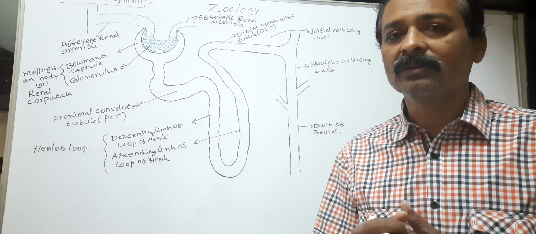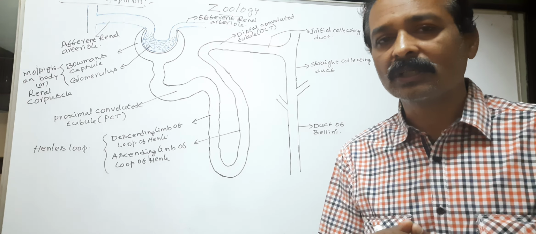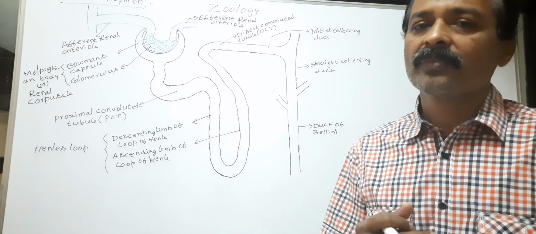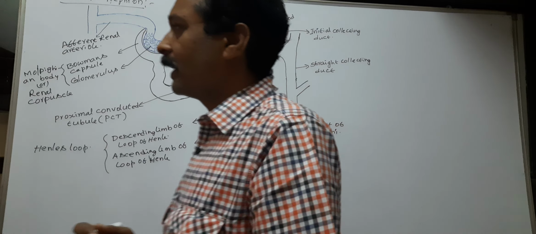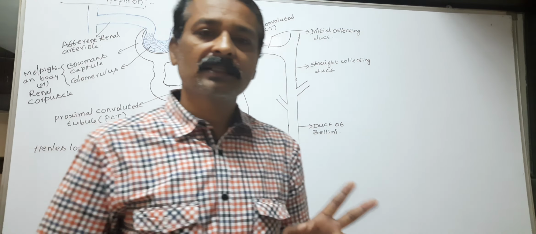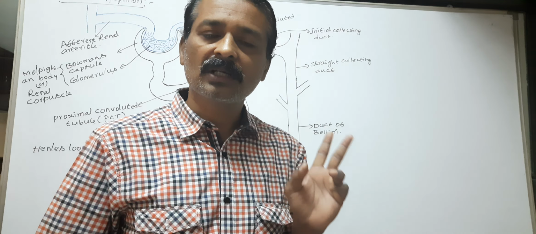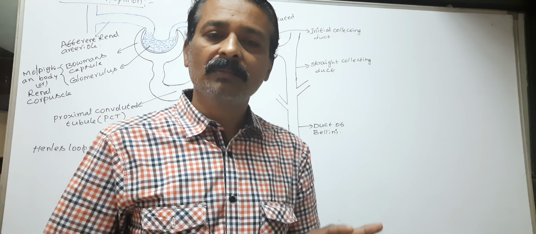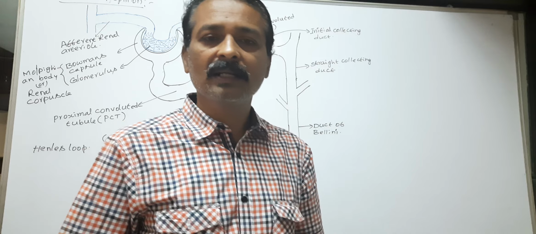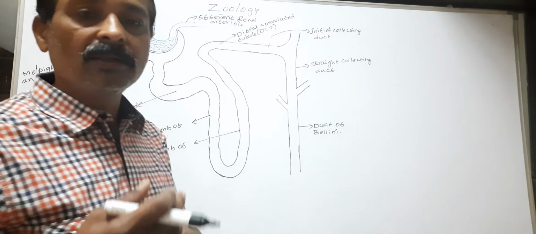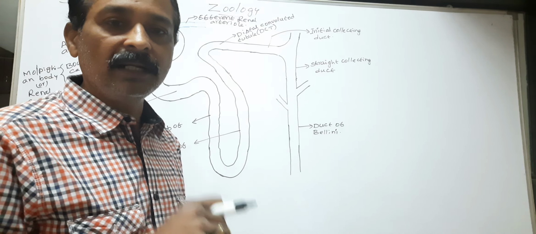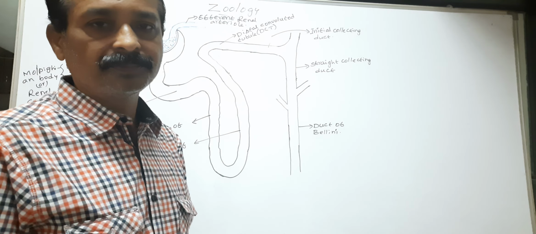The inner zone is called medulla. So internally, kidney has two distinct regions: outer cortex and inner medulla. Here, the nephrons extend in both cortex and medulla.